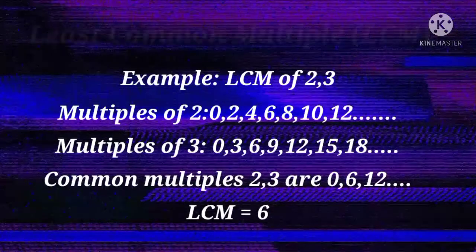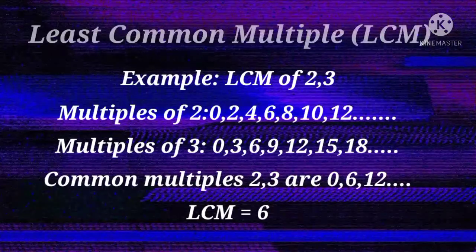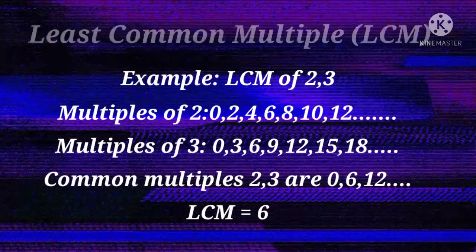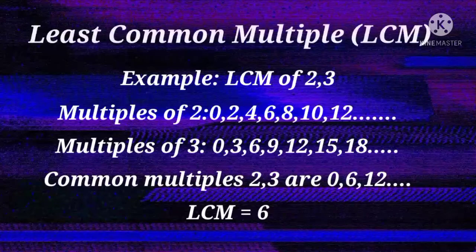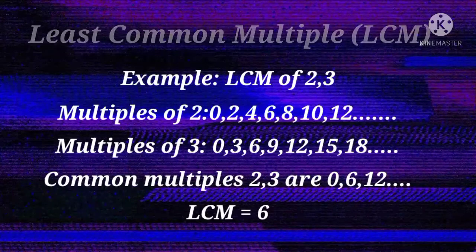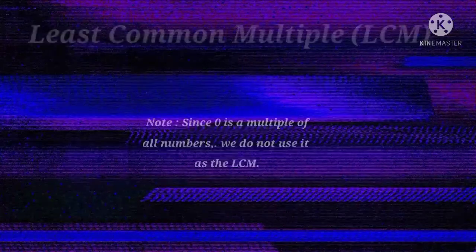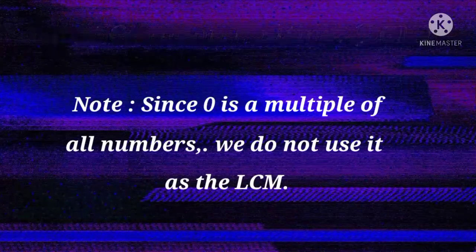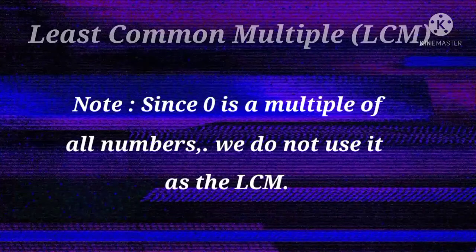The common multiples are 0, 6, 12 and so on. The least number is 6. So the LCM is 6. Since 0 is a multiple of all numbers, we do not use it as LCM.